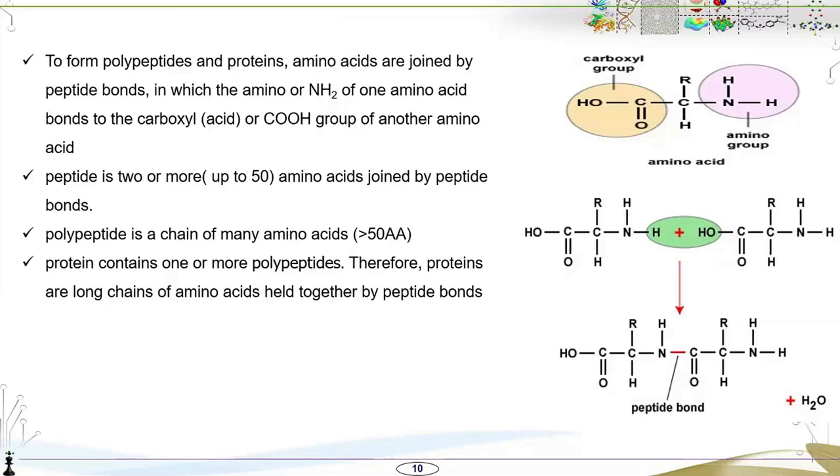I'm giving the differentiation between peptide and polypeptide. One amino acid unit, monopeptide; two amino acids, dipeptide; three amino acids, tripeptide. If more than that, like 3-4, then it is called a polypeptide. An example of a tripeptide is glutathione, which has three amino acids, namely cysteine, glutamic acid, glycine.